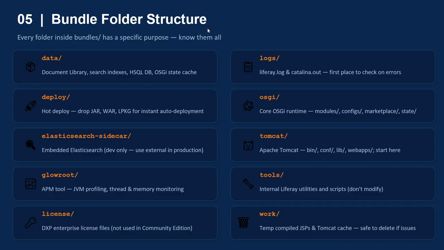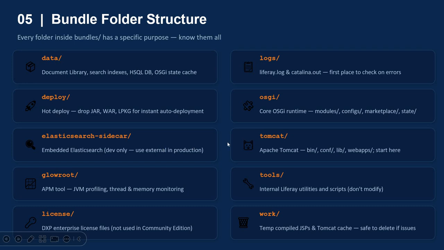Basically, this slide is just representing the structure of your Tomcat bundle. The data folder is basically used for the document library, search indexes, HSQLDB, OSGi state cache, right? Deploy is for hot deployment: when you create a war, jar, or lpkg file, you need to move that file into the deploy folder. It is going to deploy your applications. And OSGi is the core OSGi runtime, which has modules, config, and marketplace.